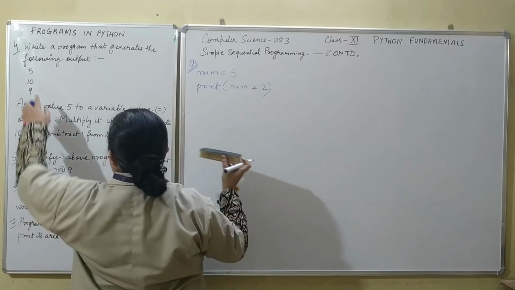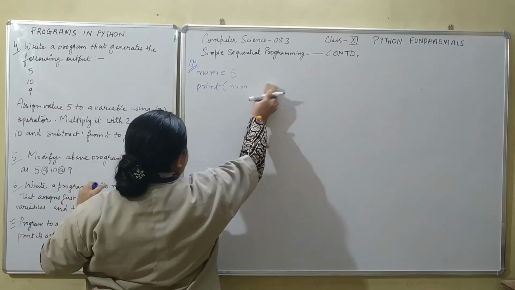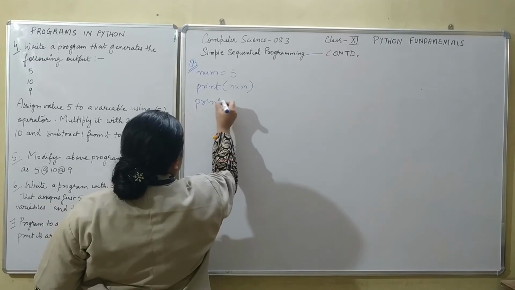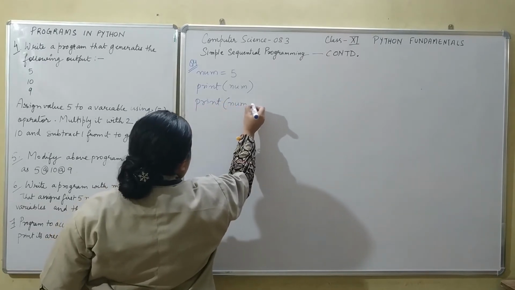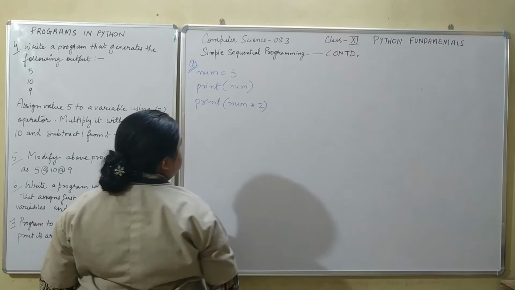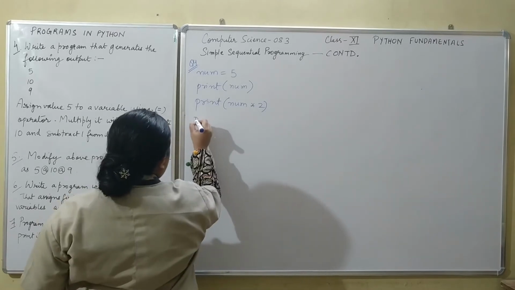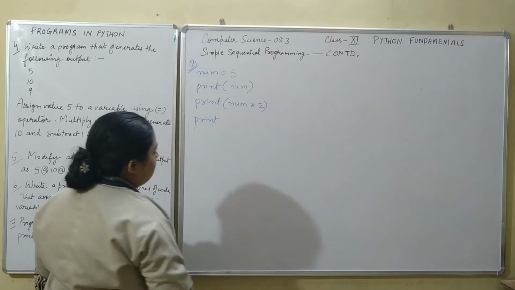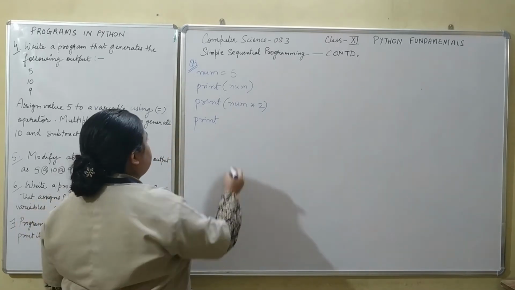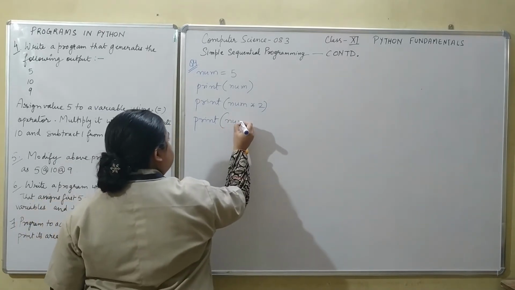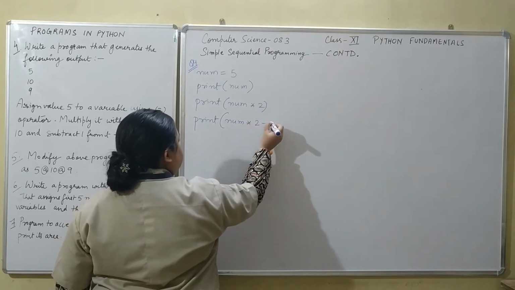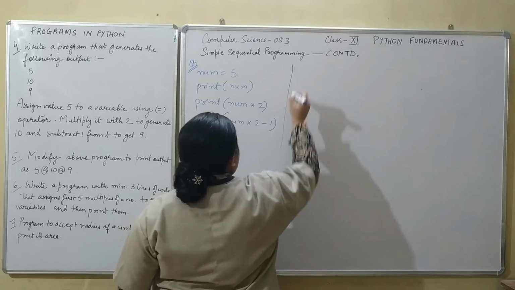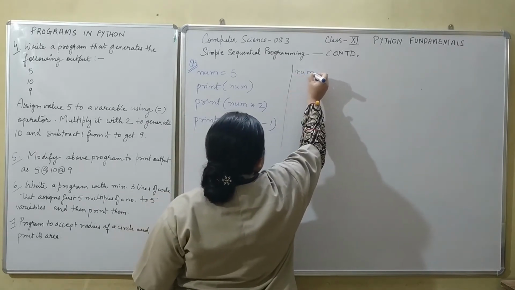First we need to print only 5. So we will print only num. Next we need to print 10. So we will write num multiplied by 2. This will print 10. And thirdly we are going to subtract 1 from this value so that it prints 9. So we will write minus 1.